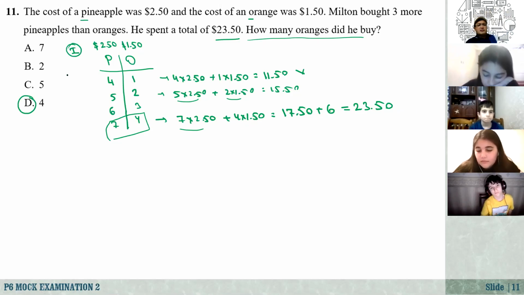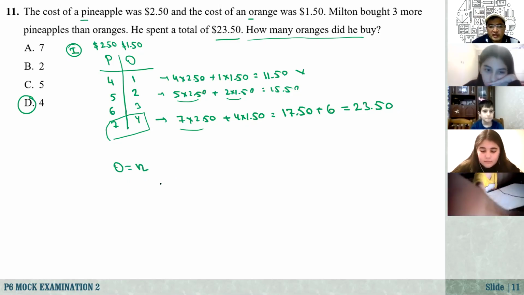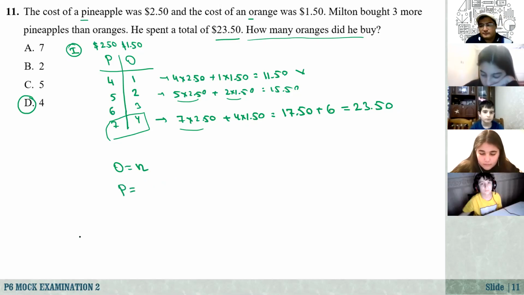The second method, how do you solve this? Suppose that the number of oranges is n. He bought n oranges. Then what will be the number of pineapples? Nigar, can you answer the question?